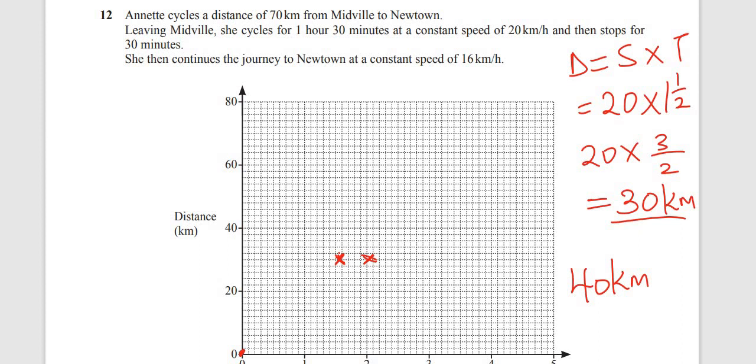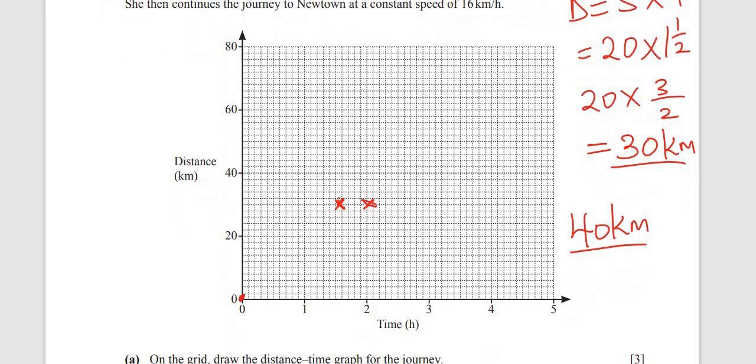So we need to divide that by the speed that she cycles, which is 16 kilometers per hour, for us to get the time. When you divide 40 by 16, what we get is 2.5 hours. So from this point, she cycles for 2.5 hours.